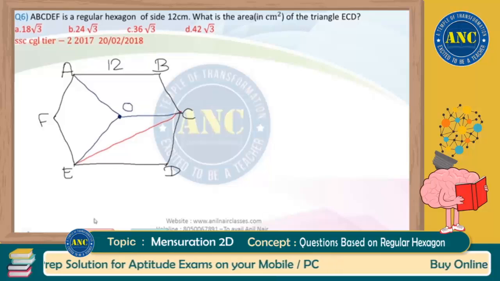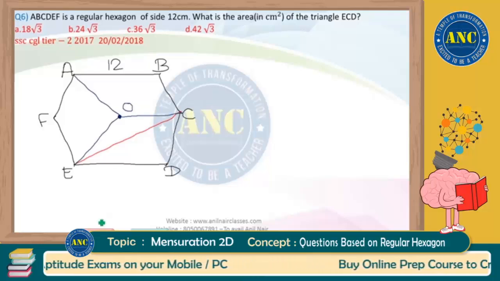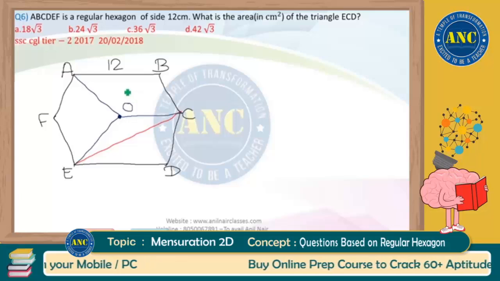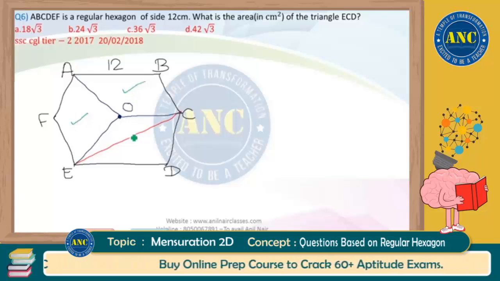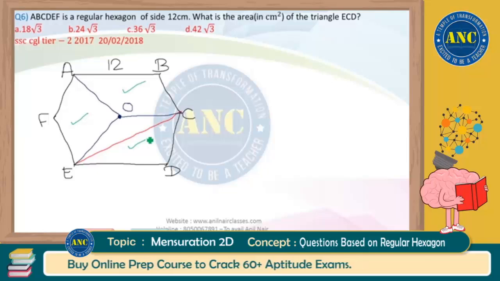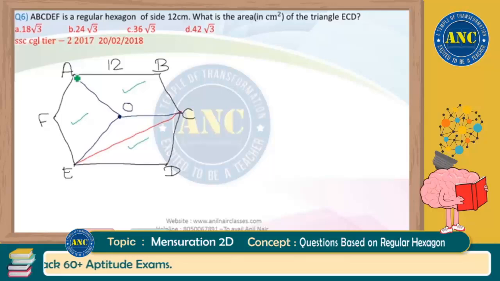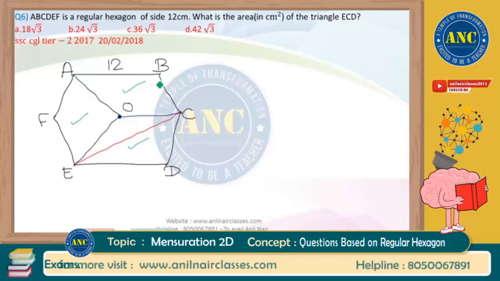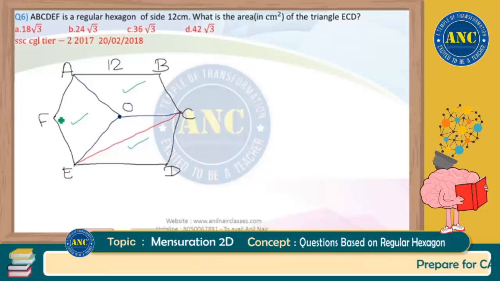But now what I am saying is that the regular hexagon is also a combination of three parallelograms. First parallelogram is AOCB, second is OCDE, third is EOAF. The area of a regular hexagon is equal to 3 times the area of a parallelogram.